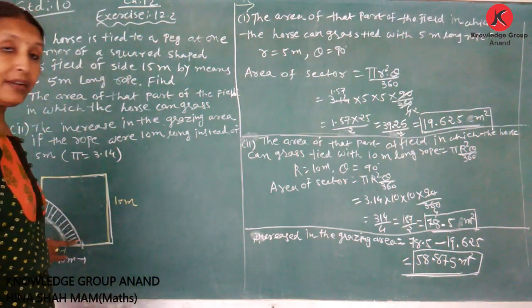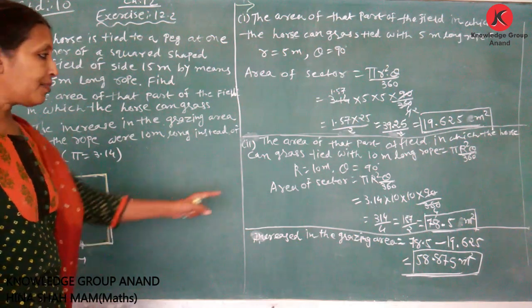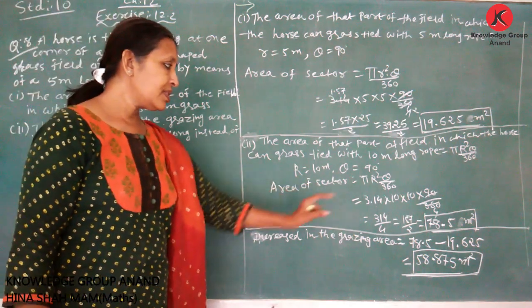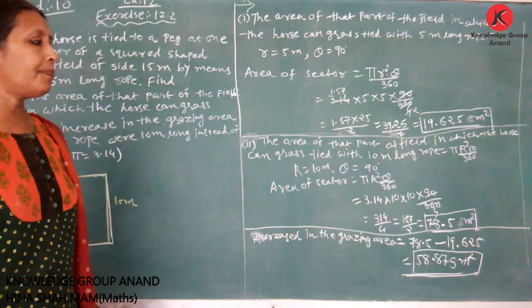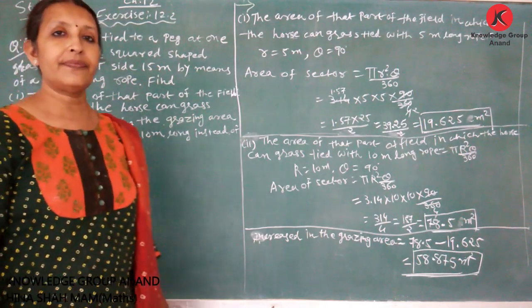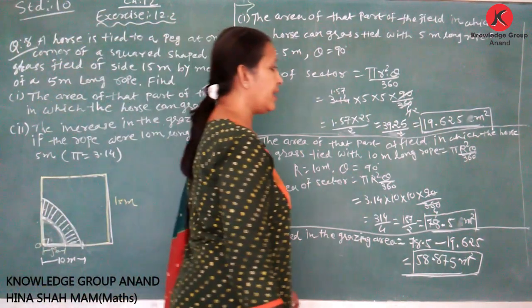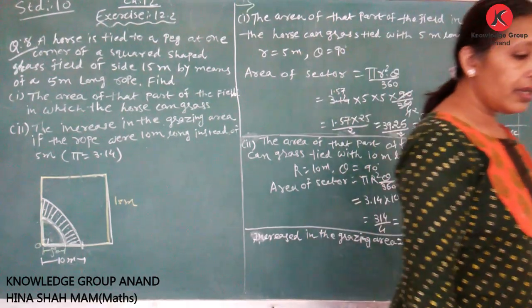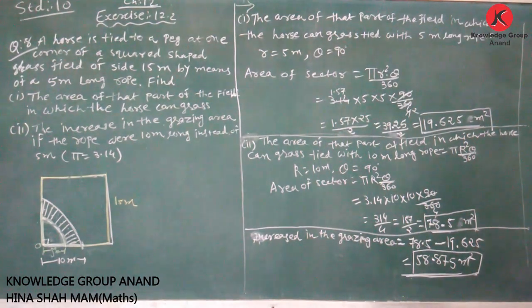Then we find the first part and the second part, the increase area. 78.5 minus 19.625 is equal to 58.875 meter square. Question number 8 is completed here.